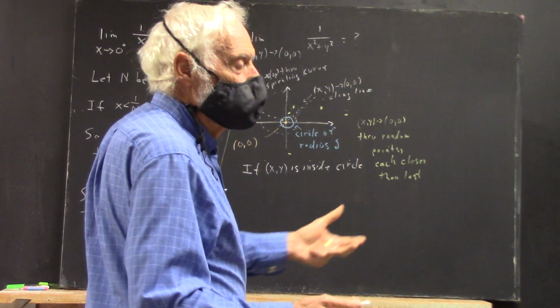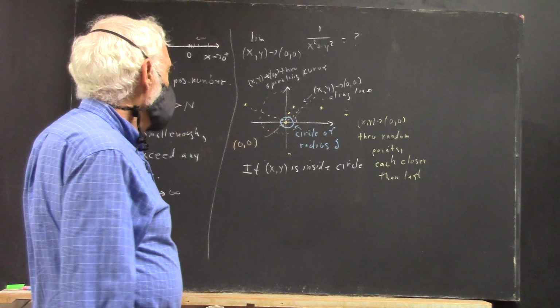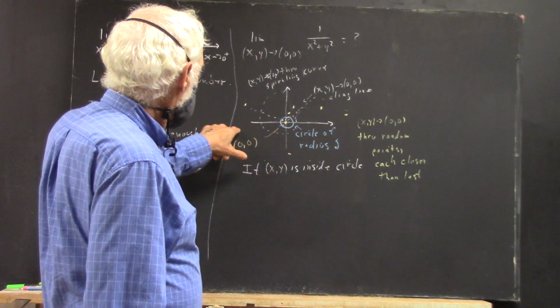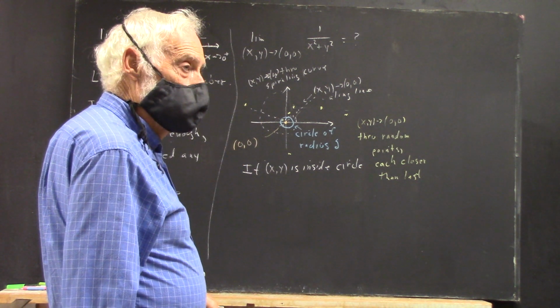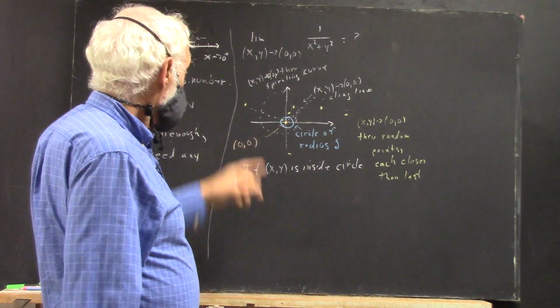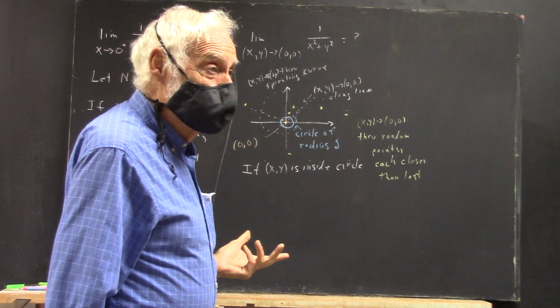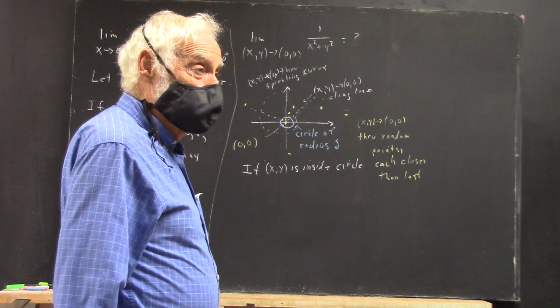Well, reciprocal would approach negative infinity. So if you approach along this path, the magnitude of x is bigger than the magnitude of y, so x plus y along this line is always positive. But if you go up to this line in this quadrant, y is always bigger than x.